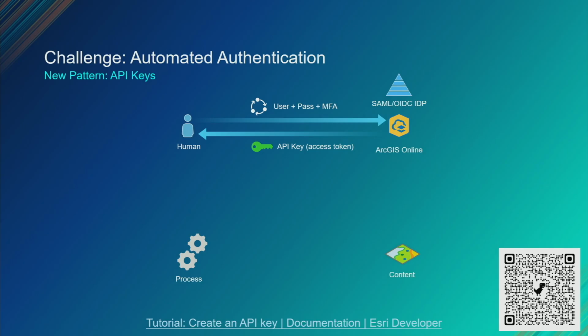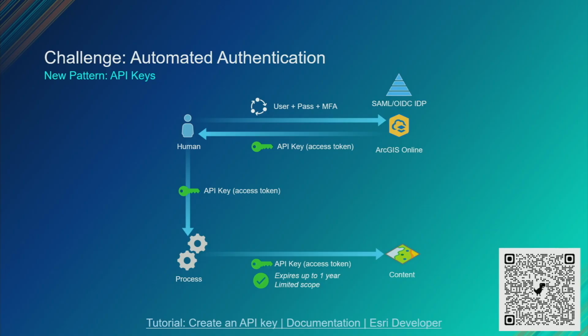It is an access token, but it's a specially structured access token. You're going to use that same process you may have used before to get that into your code. Now, ideally, you're using it in an env file and loading it as an environment variable, or using it via a secrets manager. But still, you're getting it into your code somehow, right? You're running your process, and your process will interact with content.